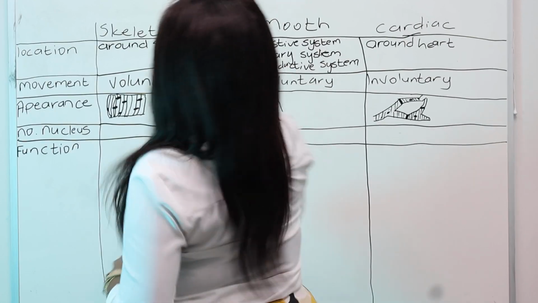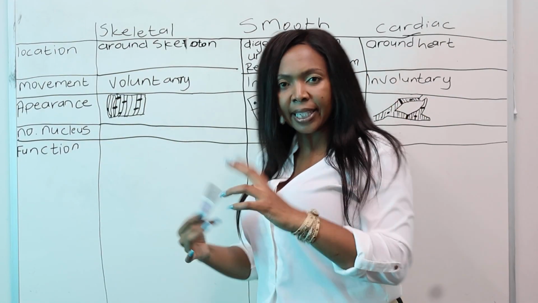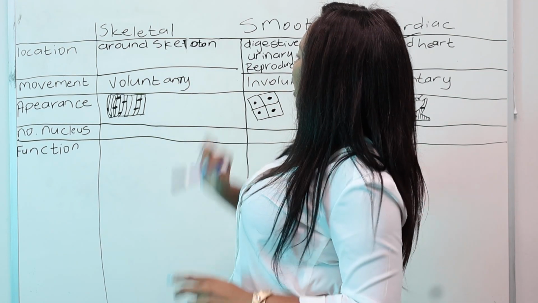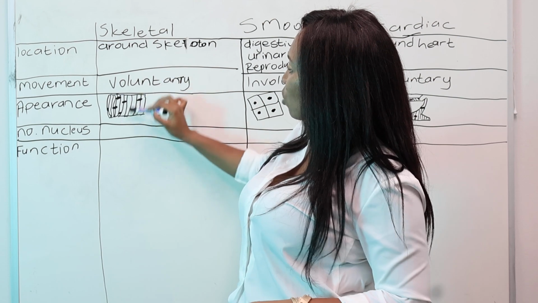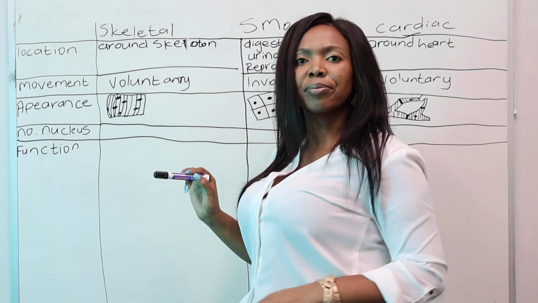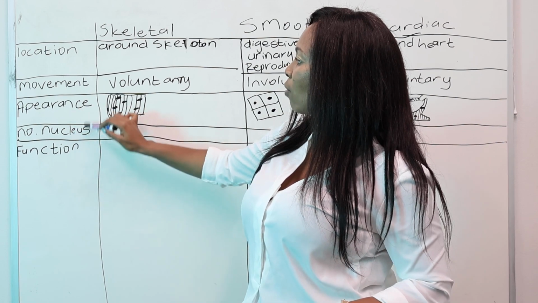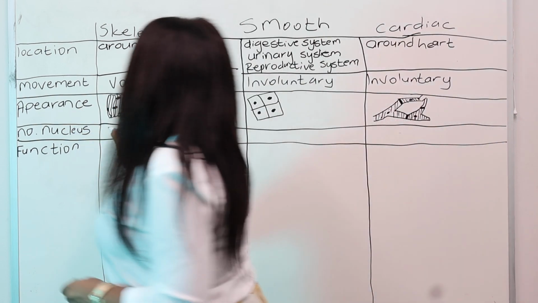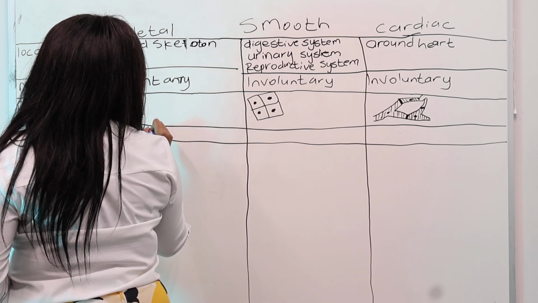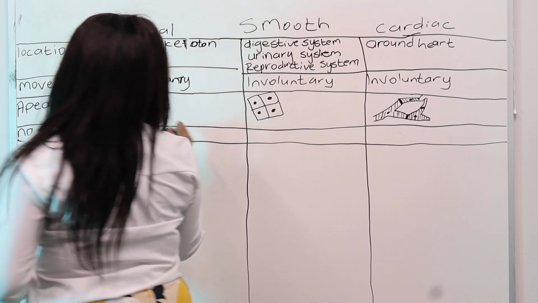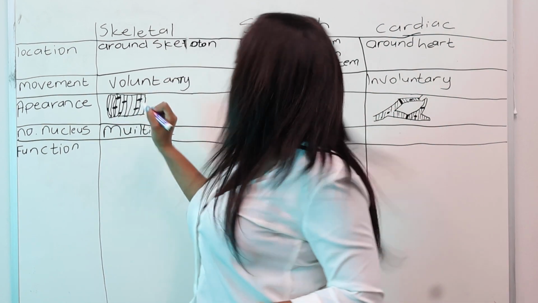Then, how do these muscles look? Now, the skeletal muscle has got striations, these small stripes, and in terms of the number of nuclei, it's got multiple, so it's more than 1 nucleus.